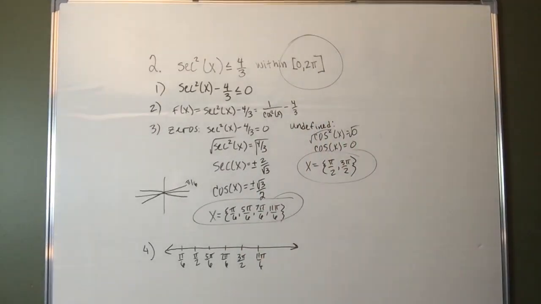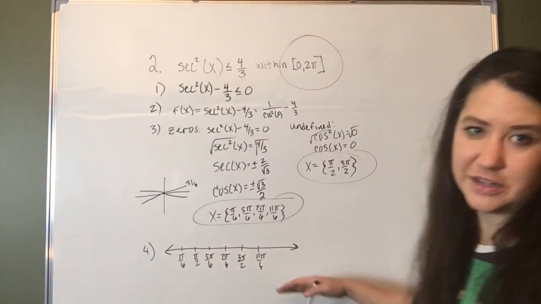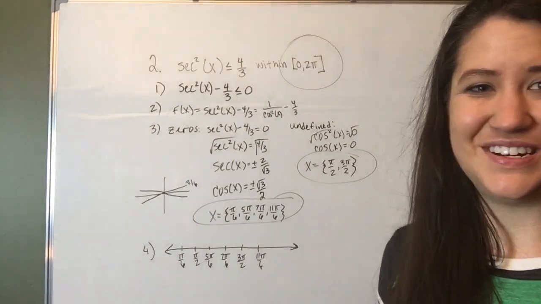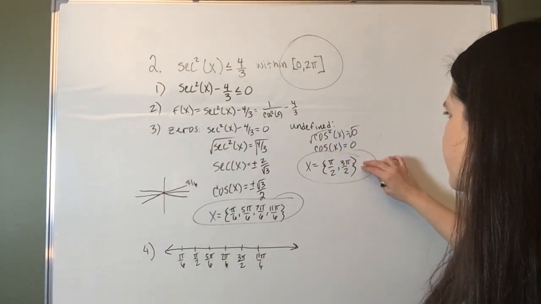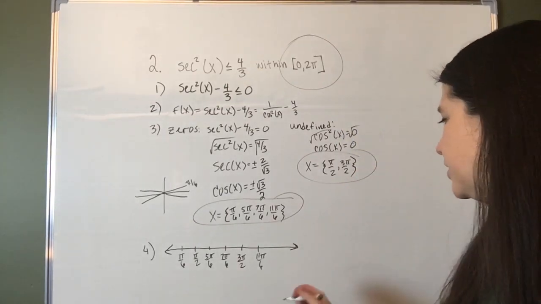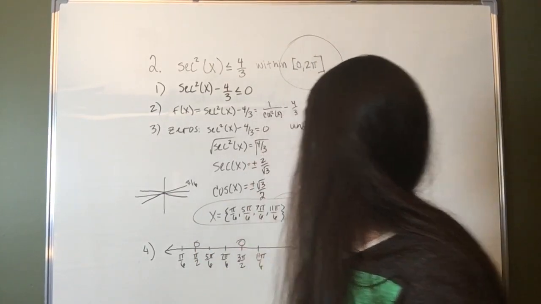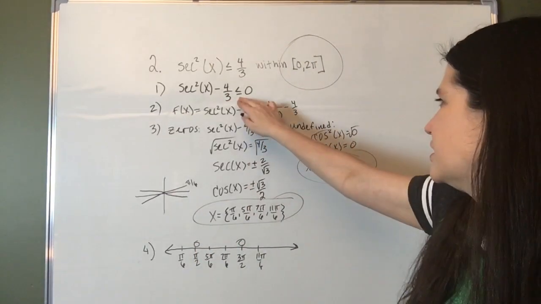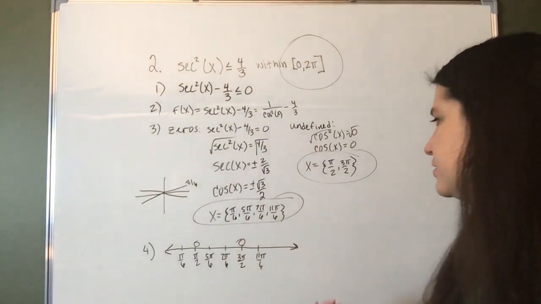There we go. And we want to decide, do we want to include these values in our answer, or do we want to not include them in the answer? And it depends, right? The values that make the function undefined are definitely not included in the answer. They're never ever going to be included in the answer because we're looking for where the function is less than or equal to 0. So if the function is undefined, it's definitely not less than or equal to 0.